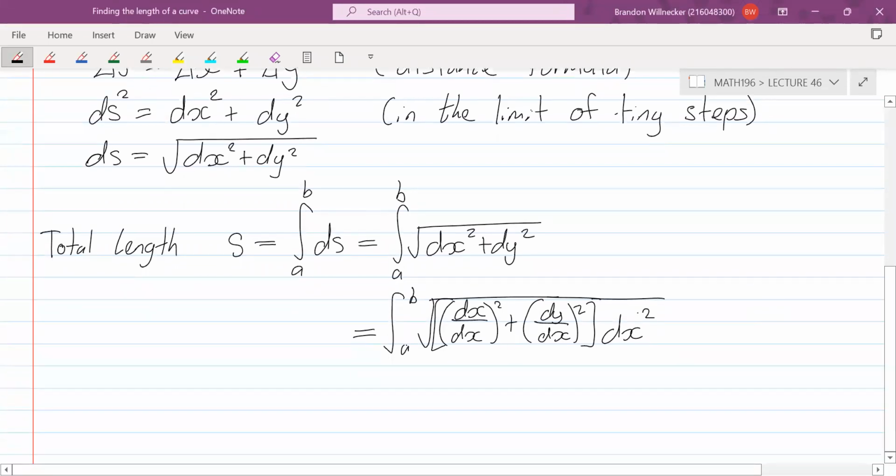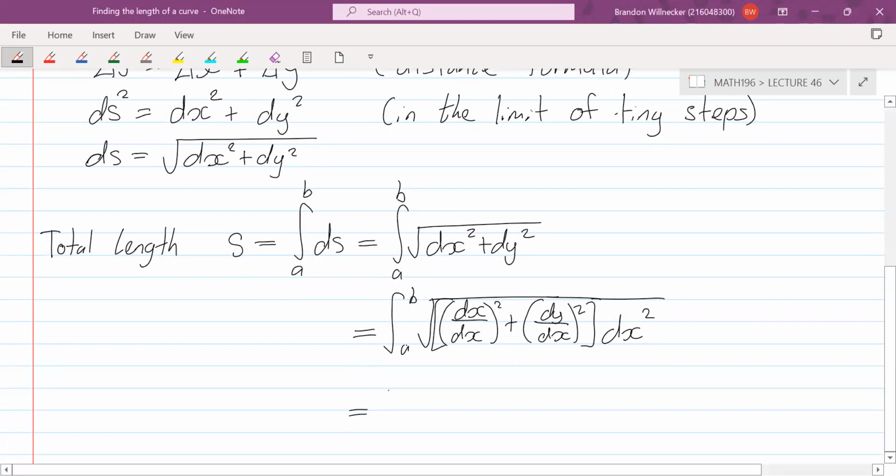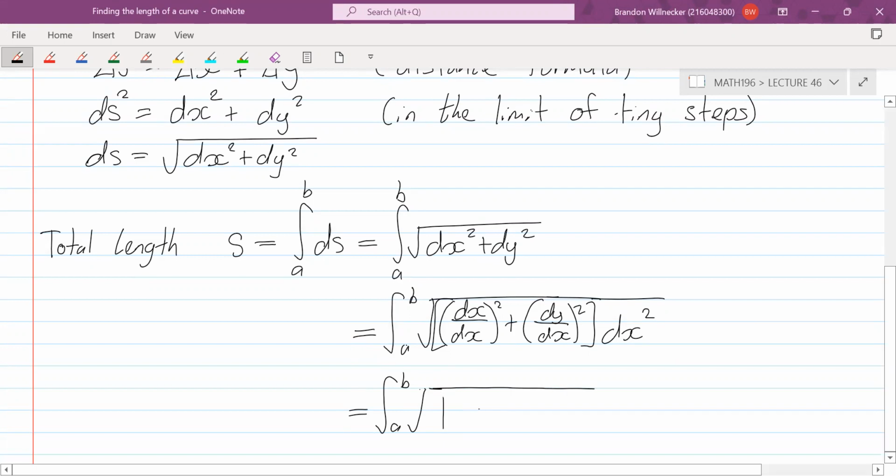However, the root of dx squared, we can take that out. So this is going to be the integral from a to b, square root dx by dx, that's just going to be 1, plus dy by dx squared. And then this root dx squared comes out to be just dx.